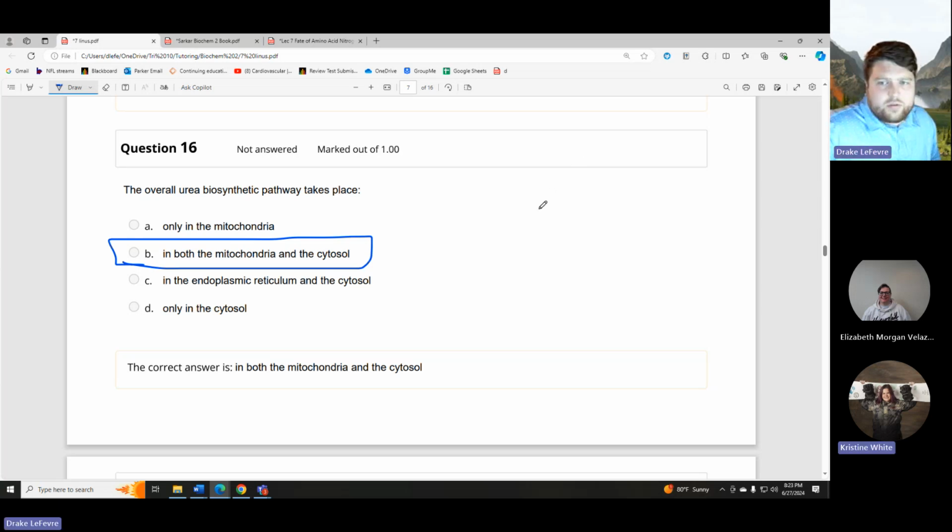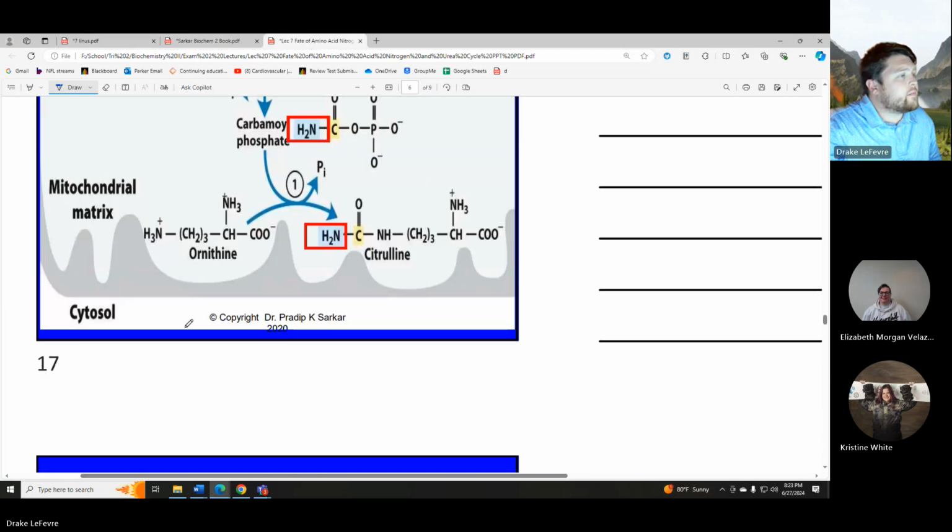Alpha ketoglutarate. Oh, wrong thought. So the alpha ketoglutarate, that kind of stuff, we're going to see with the transport of the glutamate. Hold that picture again.